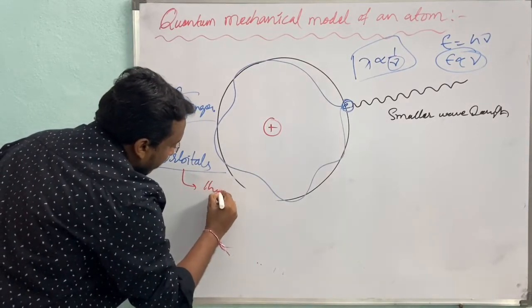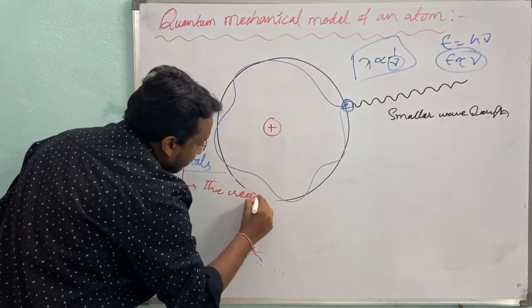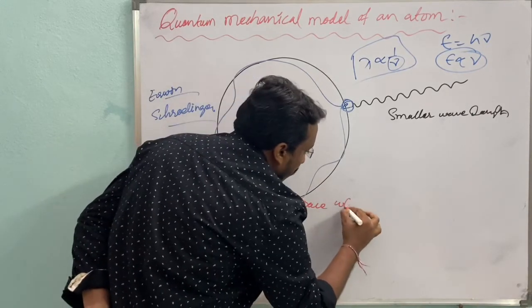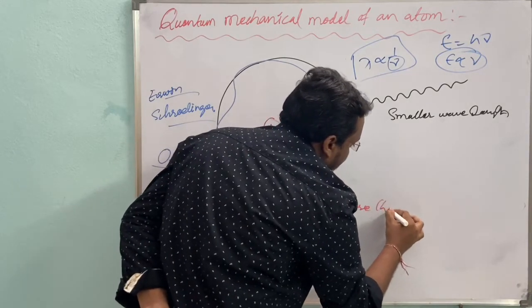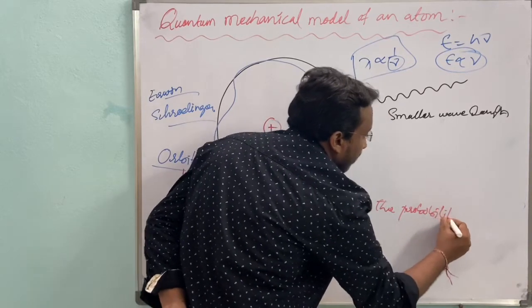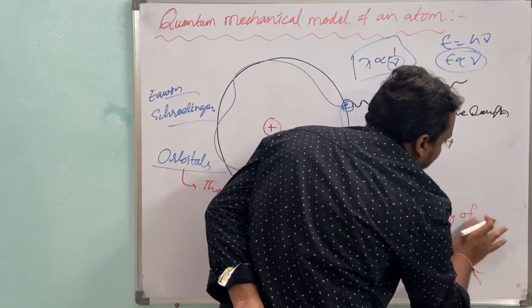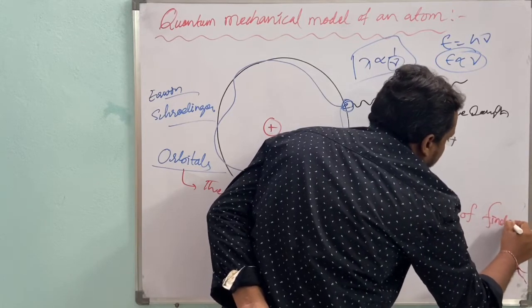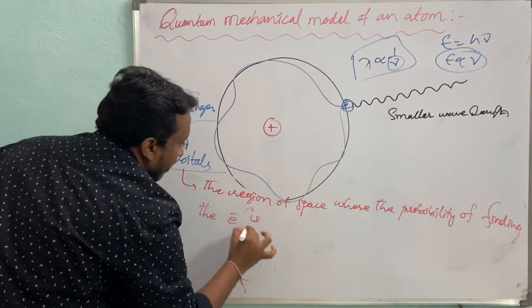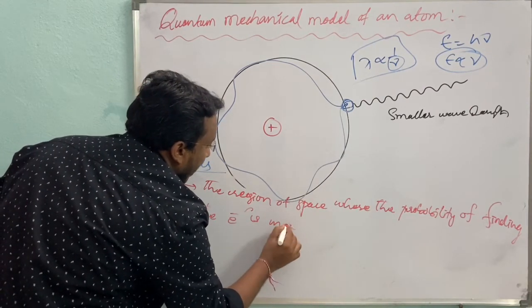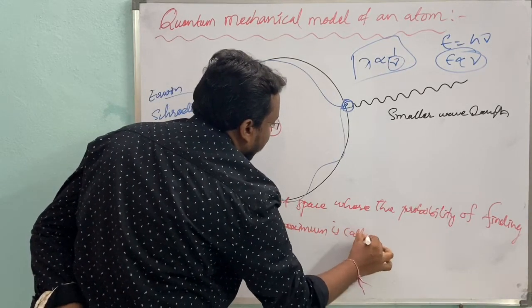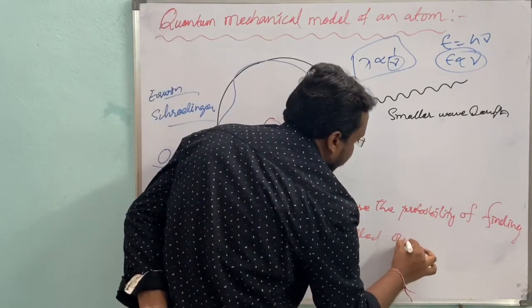The region of space where the probability of finding the electron is more or maximum is called an orbital.